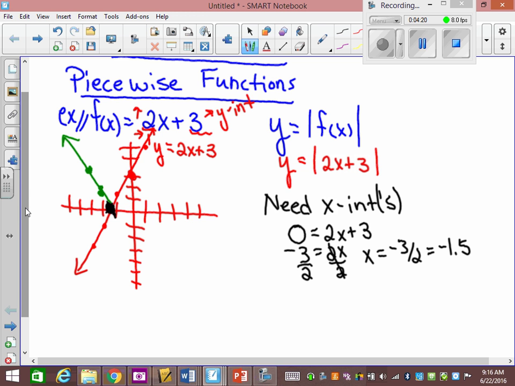What equation is the green if it's not the original? It's just the negative version of the original, right? So if this is 2x plus 3, this one's going to be negative 2x minus 3, because it just changes all the signs of the original.